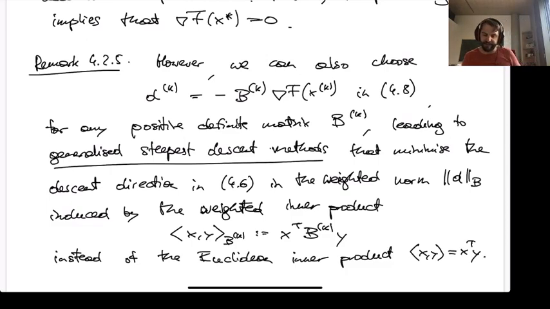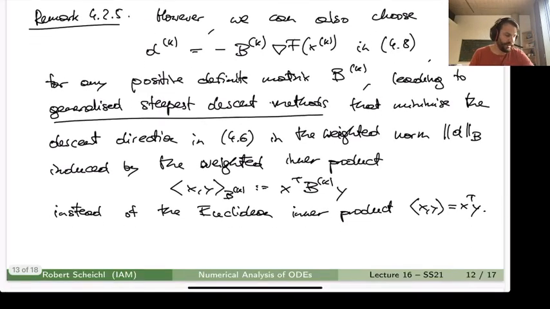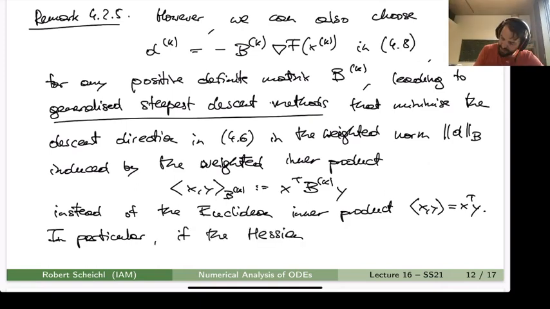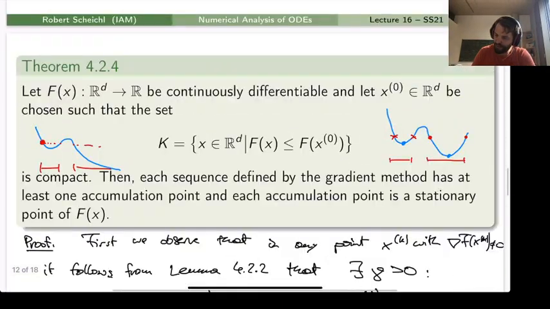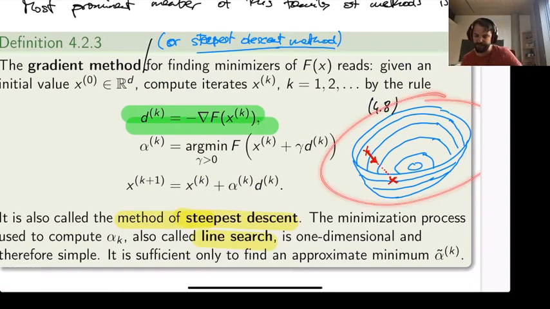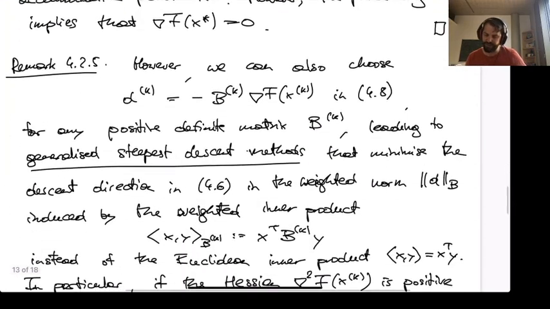X transpose y. And this is important because if you look carefully, you will see that in particular for functions that are convex or locally convex, so if the Hessian of capital F at xk is positive definite, which means that the function capital F is convex, so this kind of bowls that I've drawn before, where the Hessian of F is positive definite.